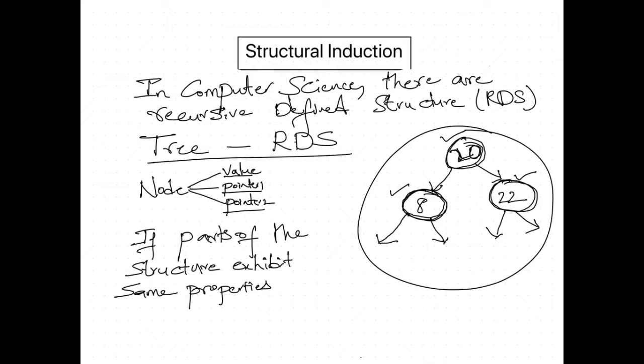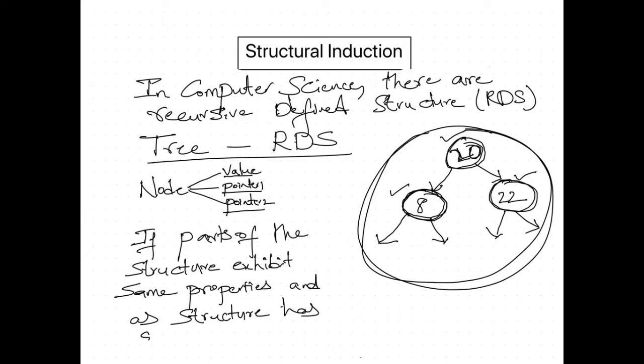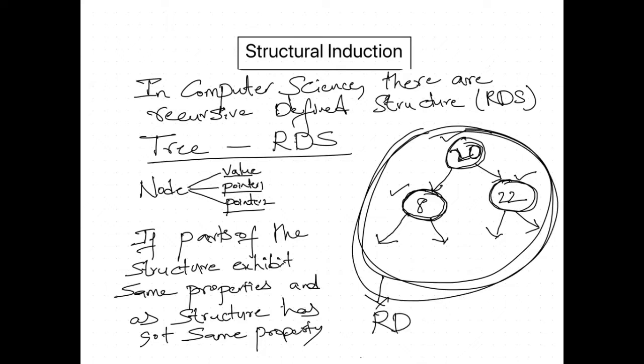So when parts of the structure exhibit the same properties as the total structure as a whole, then we can say that this structure is called a recursively defined structure, right?